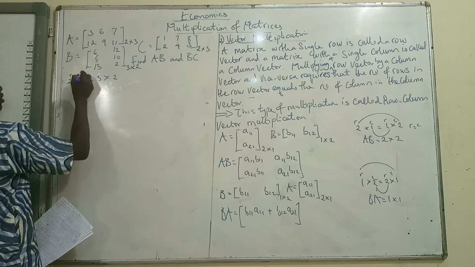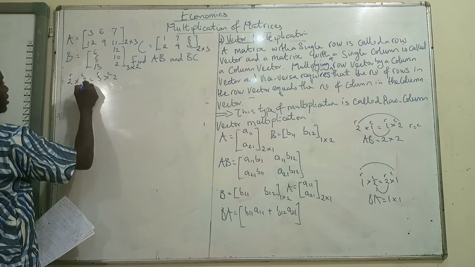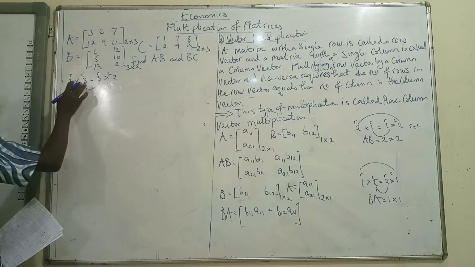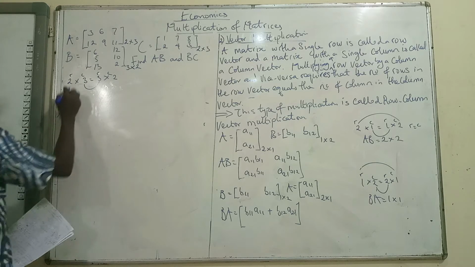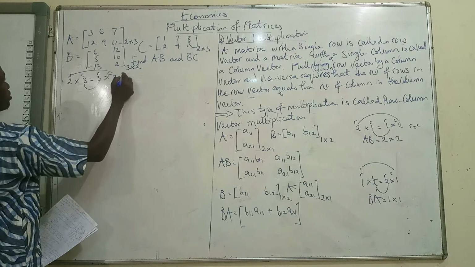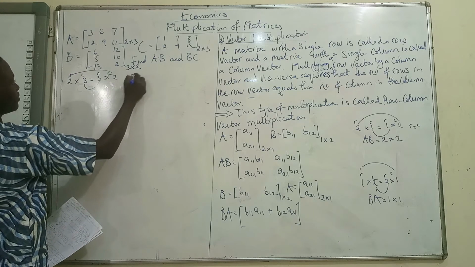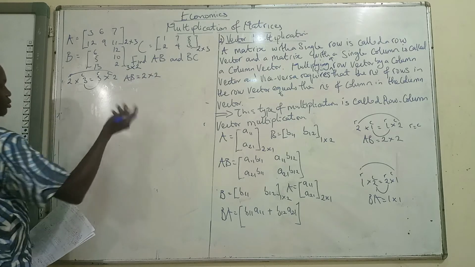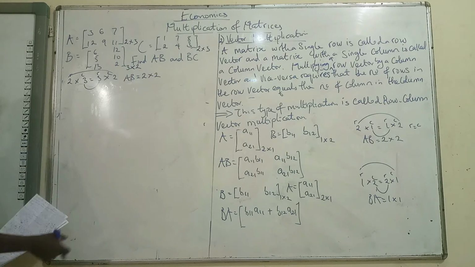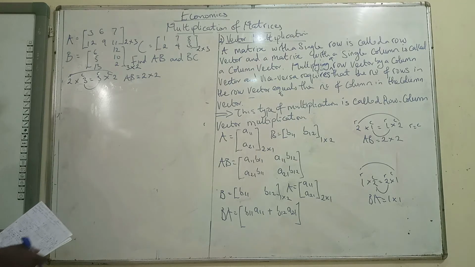So this is row, column, row, column. Here, 3 by 3. The number of columns is equal to the number of rows. So that means we can multiply. AB is expected to give us a dimension that is a 2 by 2 dimension. Alright, so let's see if that's what we are going to get.